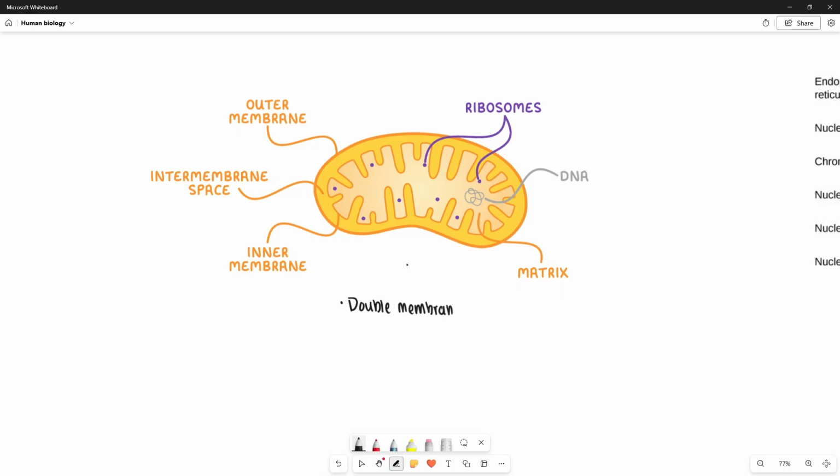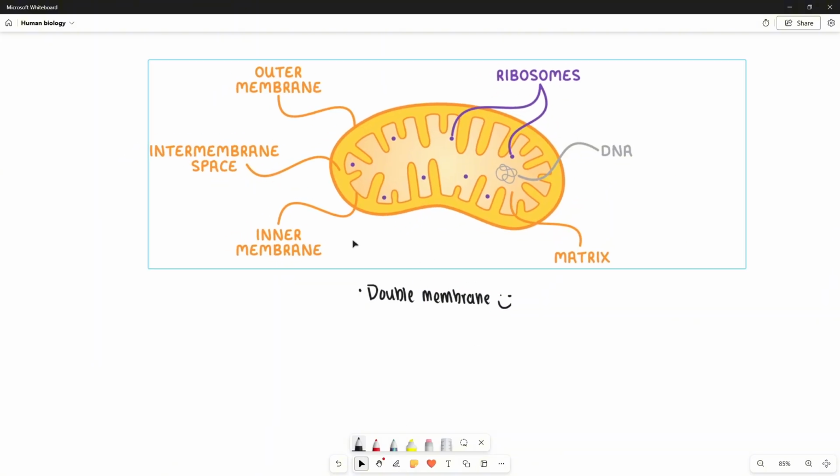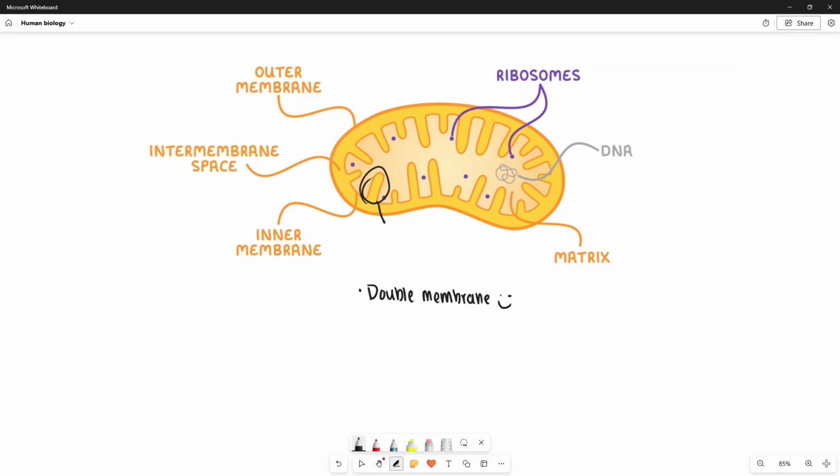The inner membrane is folded into these cristae. I think that's how you say it. They help create a bigger surface area for respiration, chemical reactions, and creating ATP, which is essential for cell processes.